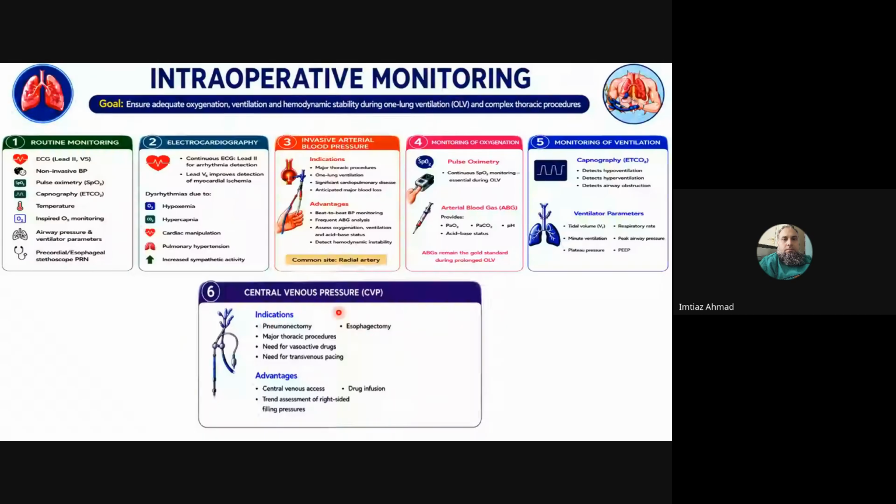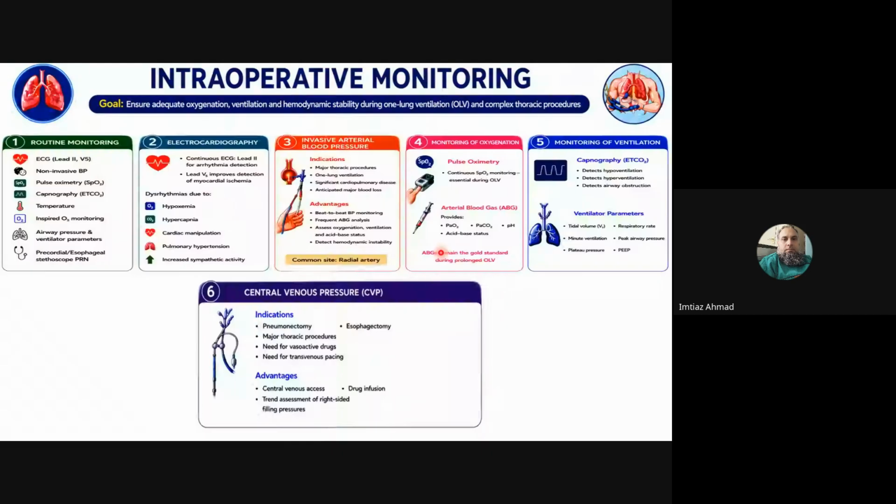A central venous line should also be considered in this case because he had history of coronary artery disease, and it should be passed at induction. If it is not passed, then the patient will be turned to the lateral position, and if required intraoperatively, it will be difficult to pass a CVP.